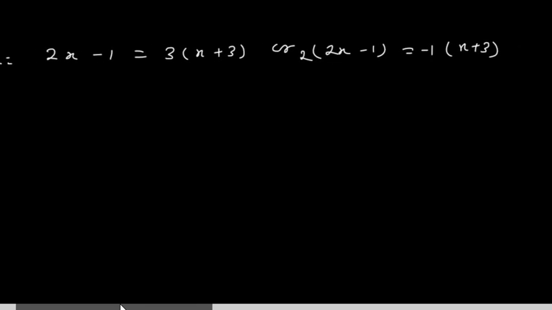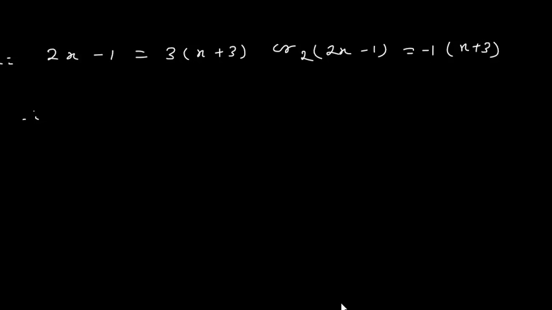So this will give us, therefore, we bring all the right hand side terms to the left hand side. So it is 2x minus 1 minus 3x minus 3 3 the 9 is equal to 0, or here it is 2 2 the 4x minus 2. This minus x, when it comes to the left, it is plus x, and this minus 3 will become plus 3 equal to 0.